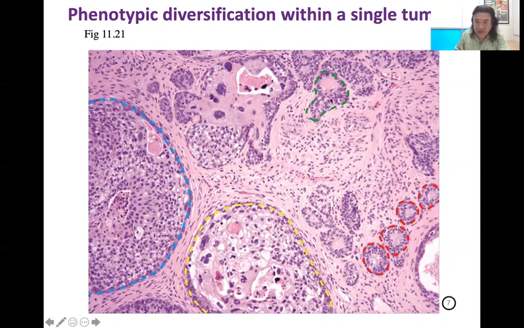Still others, like these green ones or the red ones here, in particular the red ones, look like they are actually forming different structures, right? In this case, it looks like these are forming new vessels of some kind, right? Because this is a cross section, and it looks like they're forming the walls of some new type of duct or vessel.